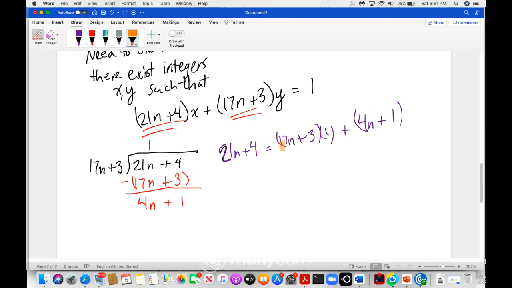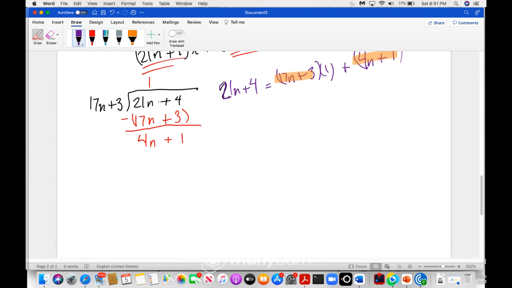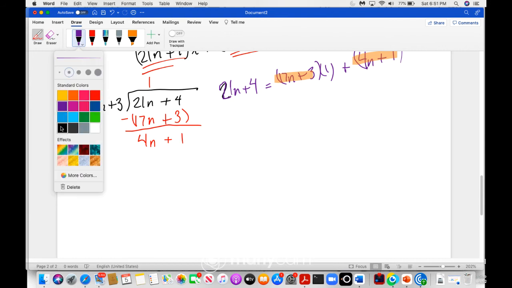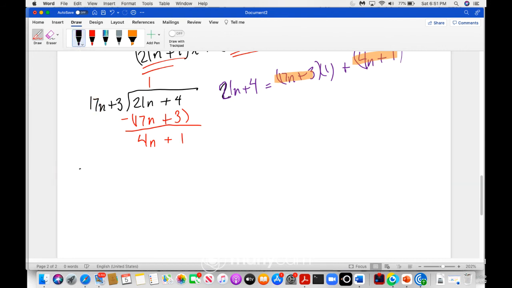I see that 17n plus 3 is clearly bigger than 4n plus 1, and I see how many 4n plus 1s can fit into 17n plus 3. So repeating the polynomial division here, how many 4n plus 1s will fit into 17n plus 3? Okay.